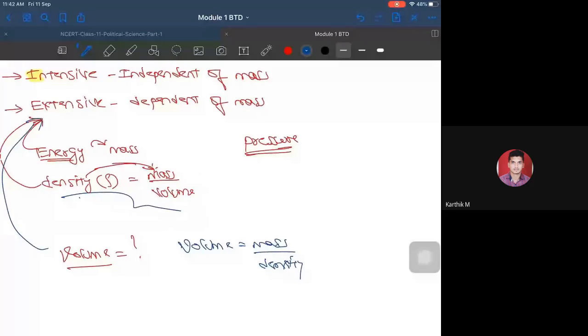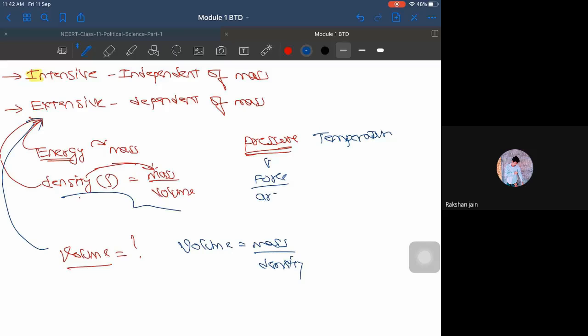Now what about pressure? Pressure, guys. It depends on temperature, sir. Pressure can be defined as force acted per unit area, is it?